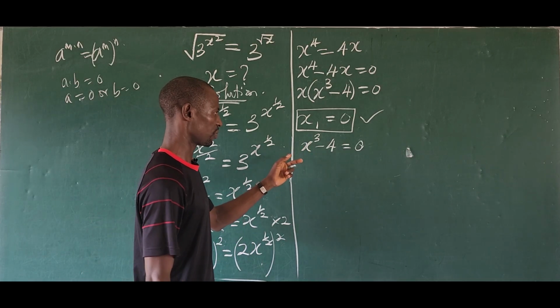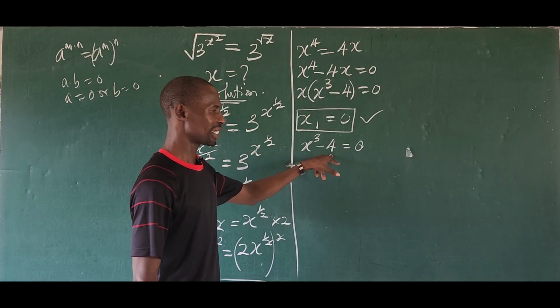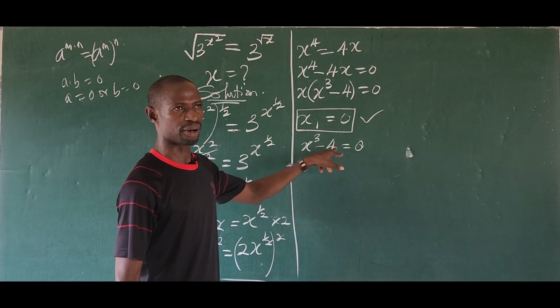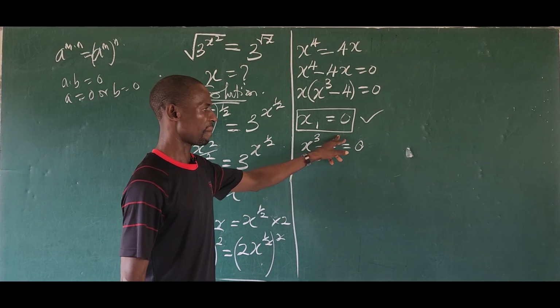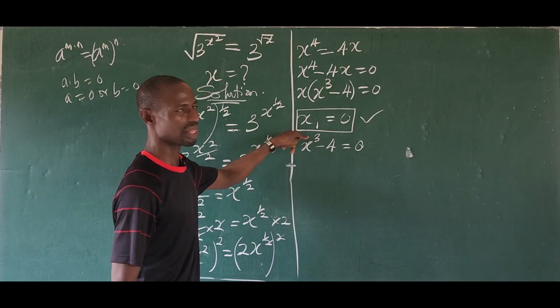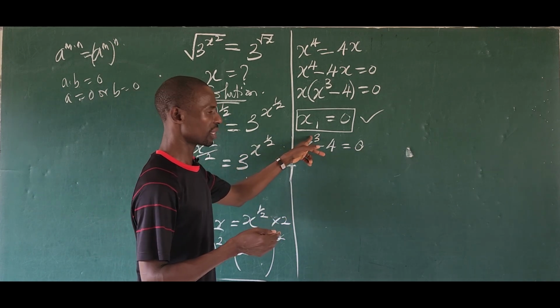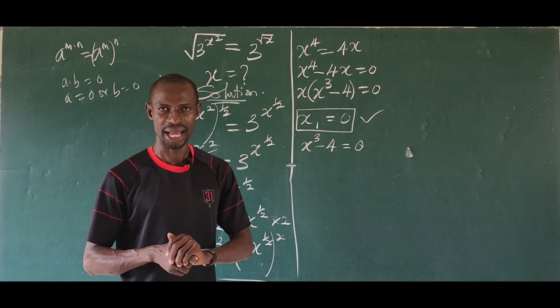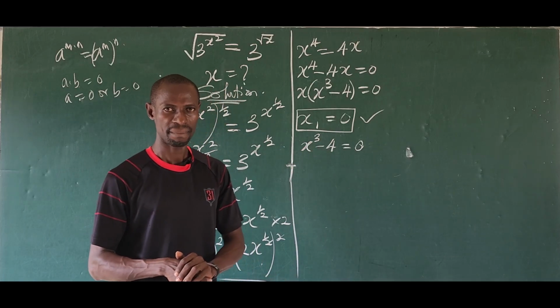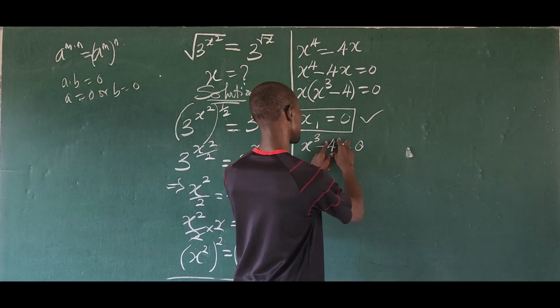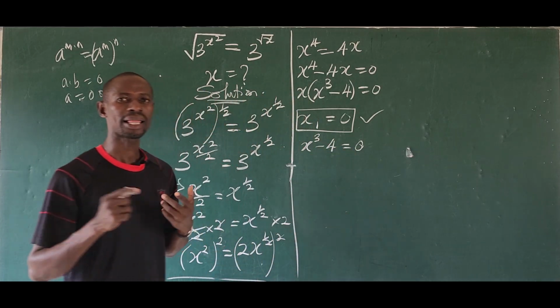And so what do we do? If we decide to write this as 2 to the power of 2, that will give us a power of 2, and here we are having a power of 3. So there is no correlation between the power of 3 here and that of 2 here, as far as this expression is concerned. So we try to rewrite this to the power of 3.